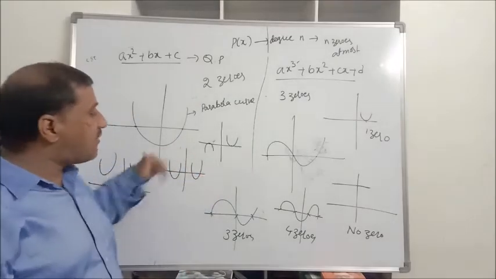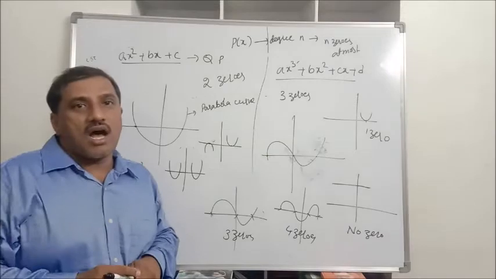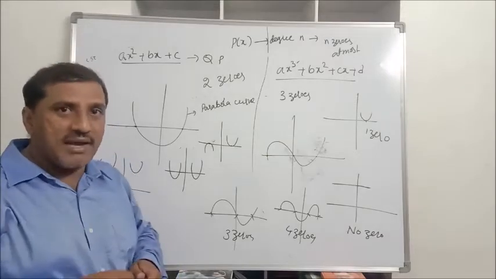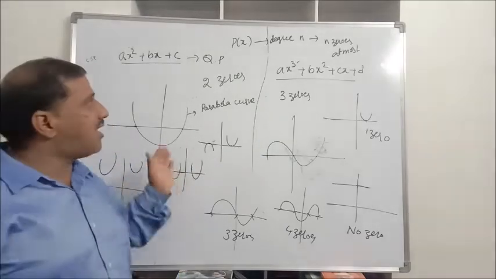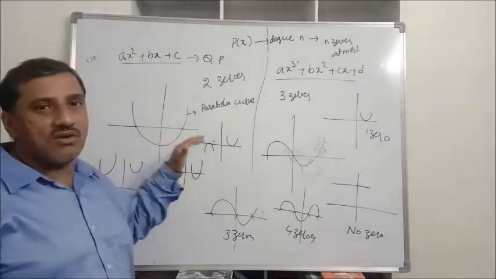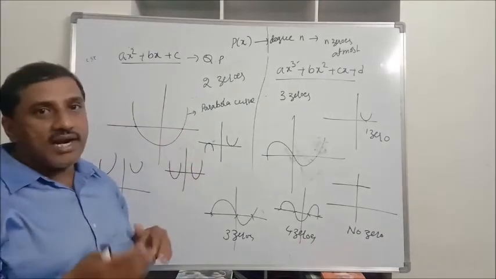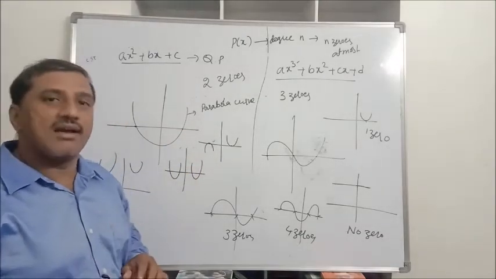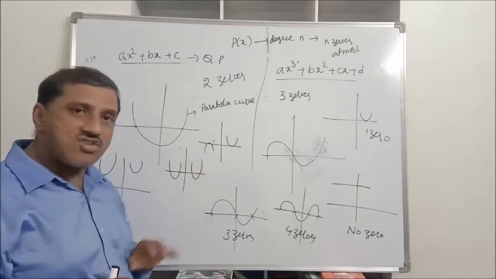So what we have studied today is the geometrical meaning of zero of a polynomial, the relationship between the linear polynomial and its coefficients, and how to identify the number of zeros from the given graph. Did you understand, children?